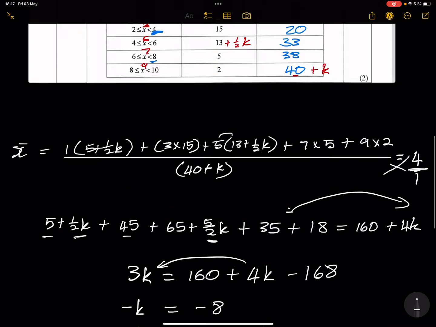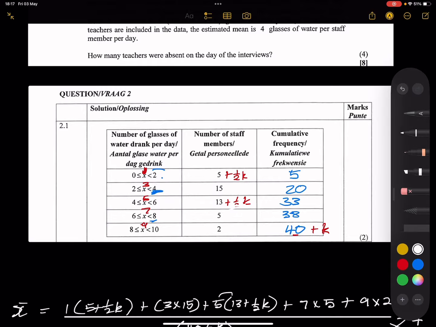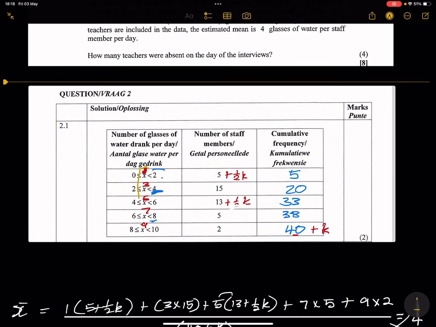So for you to keep in mind, every time that we want to calculate the estimated mean, we always take the midpoint between your class values, and then you multiply the midpoint by your data, whatever data that you've got there, and you take the sum of that and you divide it by the total number.